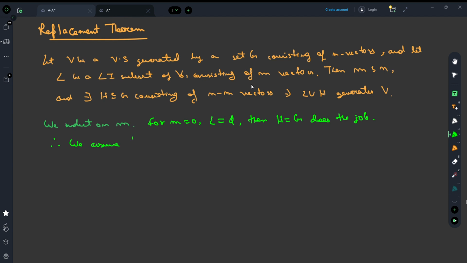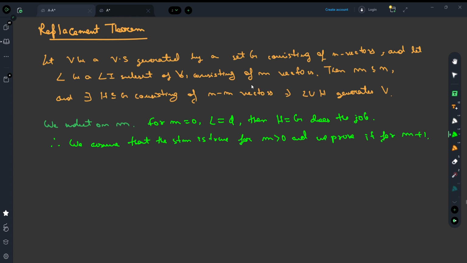So therefore, we assume that the statement is true for some m greater than 0, and we prove it for m plus 1. These are trivial statements.